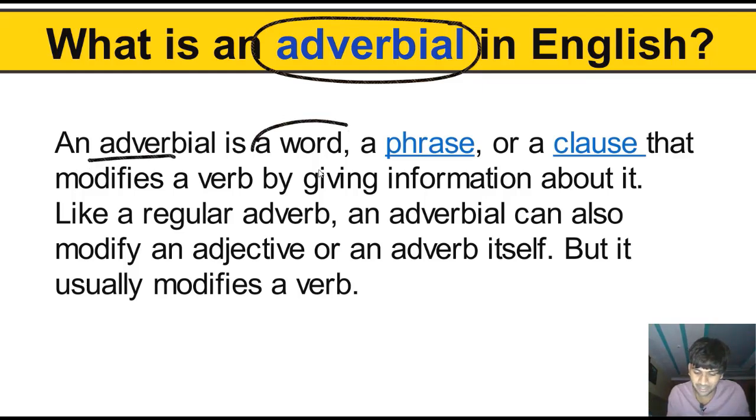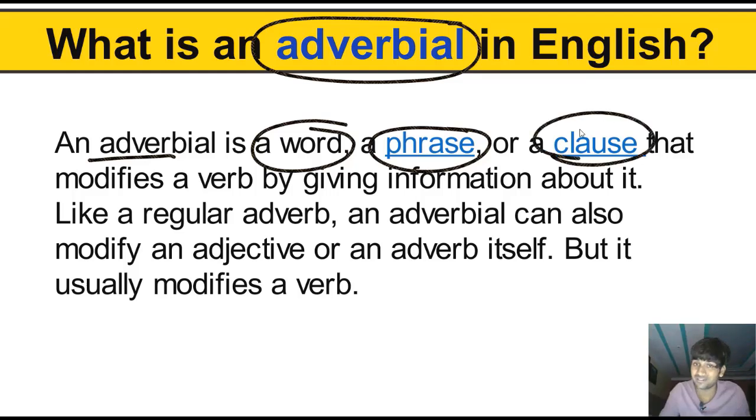An adverbial is a word, just one word, a phrase, a group of words that does not have the subject-verb combination, or can be a clause, a group of words that does have a subject-verb combination, which functions like an adverb. So an adverbial is something that gives information about a verb.